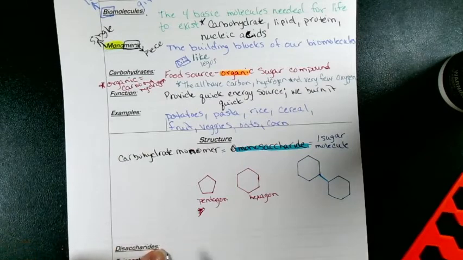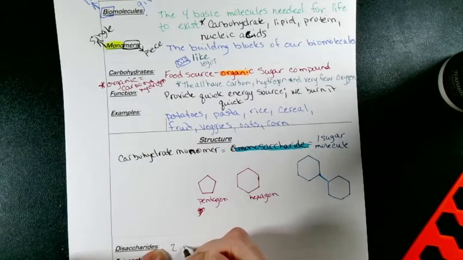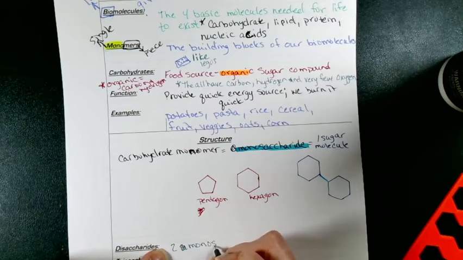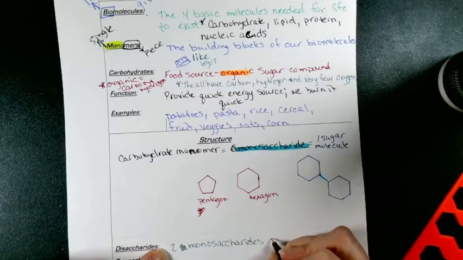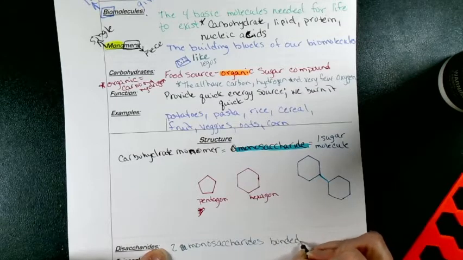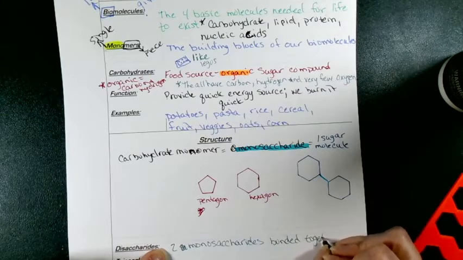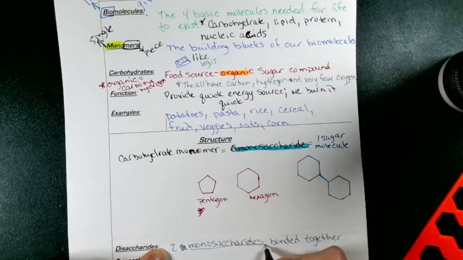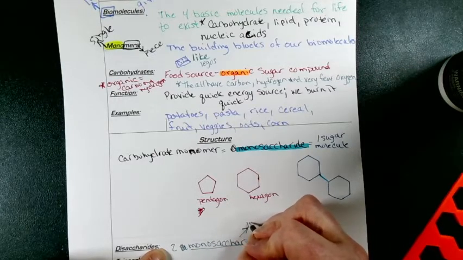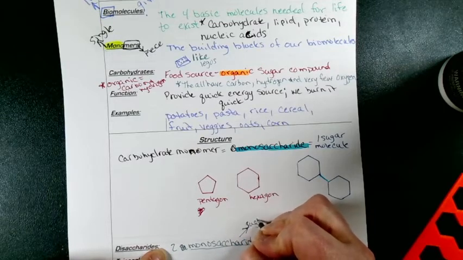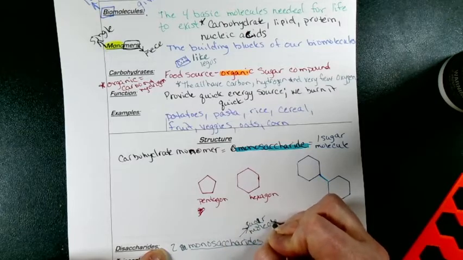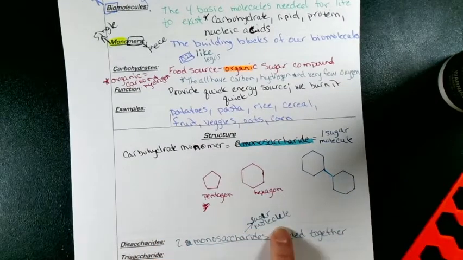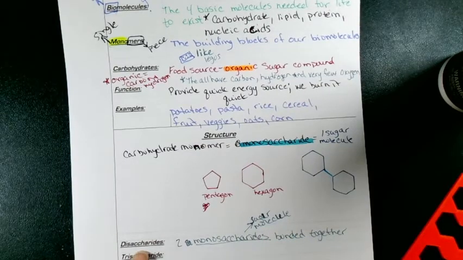We go down here, disaccharide means two monosaccharides bonded together. So two sugar molecules bonded together makes a disaccharide.